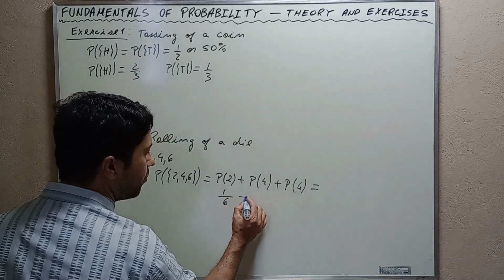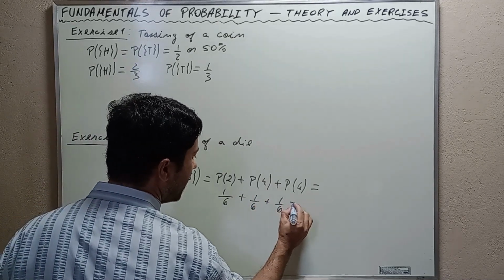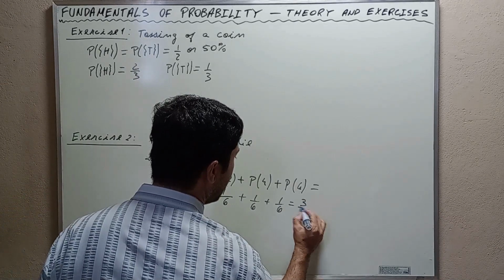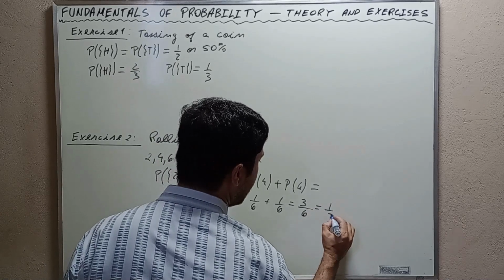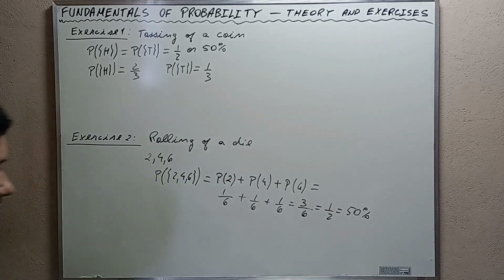The same for the number 4, the same for the number 6, and we sum, then we have 3 over 6, which is a half, or if you prefer, 50%. That is the probability of getting an even number is 50%, because half of the numbers are even and half of the numbers are odd. This is all for exercise 2. Let's go to the next.